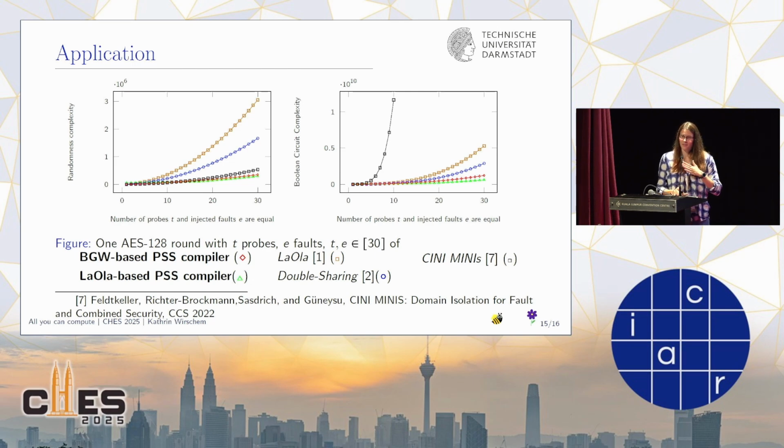You might wonder why they escalate so fast at some point. This is due to the need of error correction after each multiplication. For us, it's sufficient to have one error detection at the end due to this re-randomization.